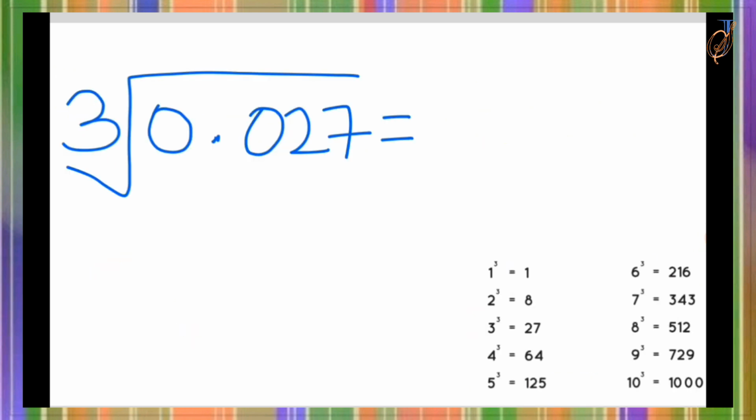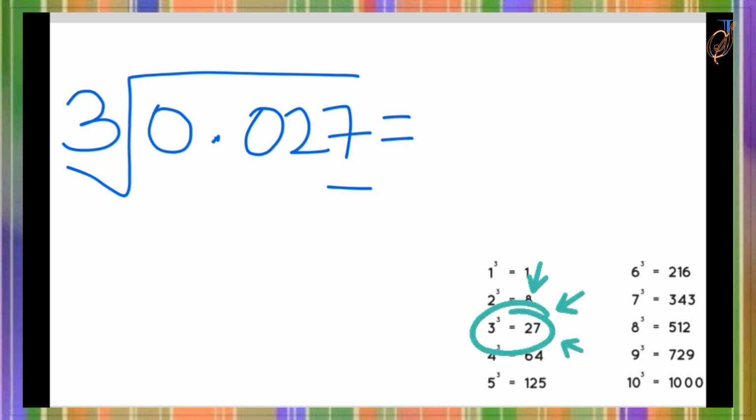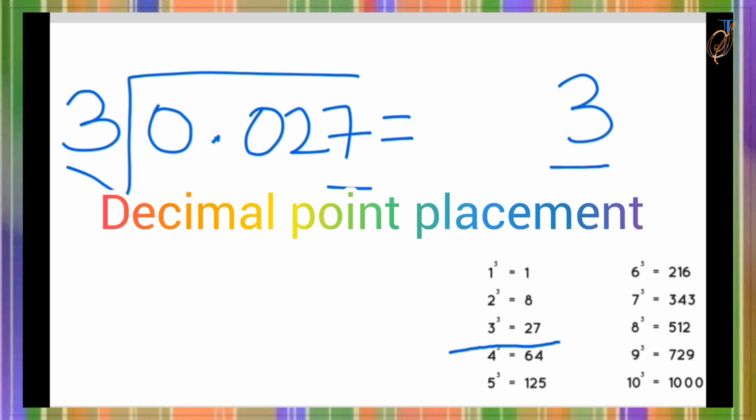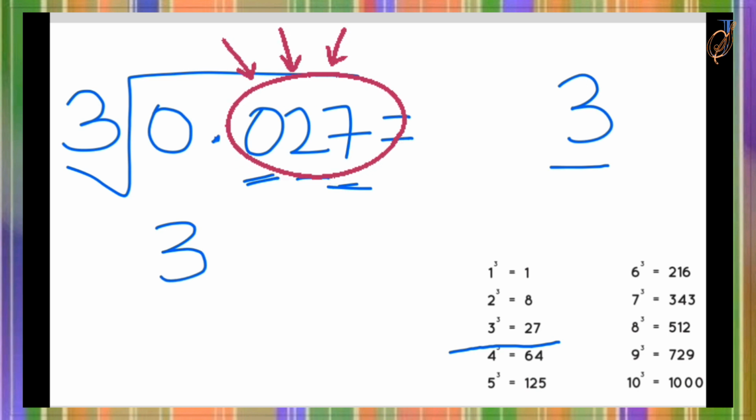I am explaining again. Look at the unit digit which is 7 here. We can see that 3 cube ends with number 7. So your unit digit would be 3. Next step, decimal point placement. Count the number of digits after the decimal point in your original number. You have 3 digits after the decimal point.